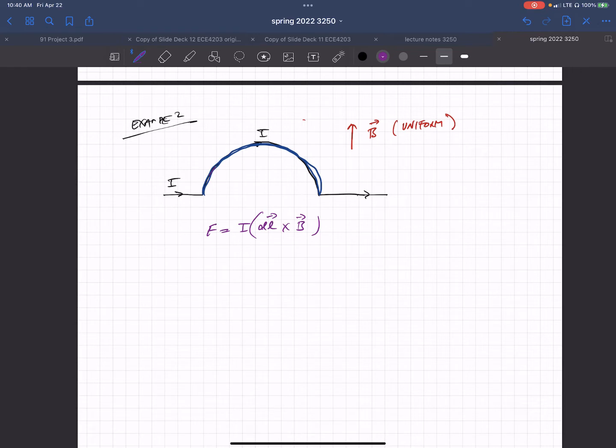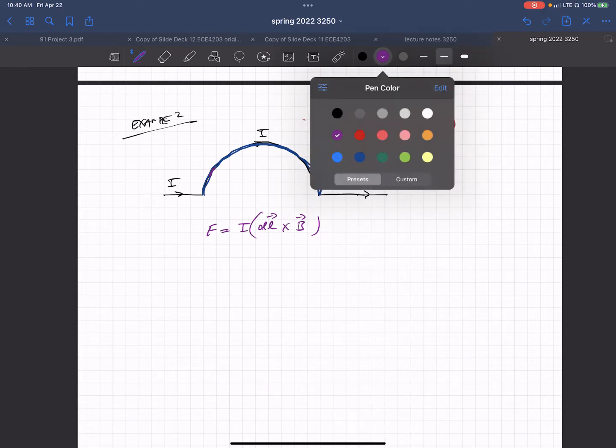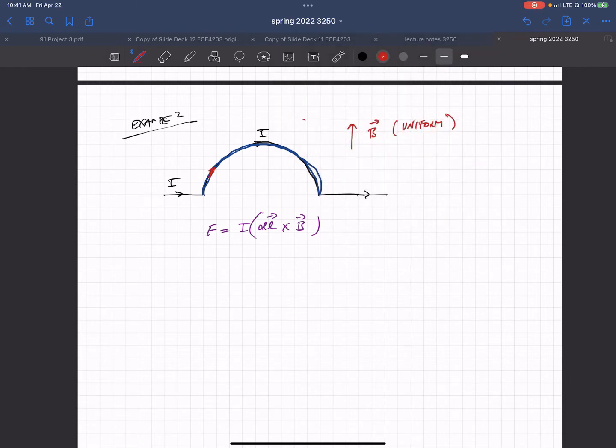So the dl is kind of, oops, that was a bad color choice. Let's try this one. The dl is running in this direction. Each one of these guys will be a different dl moving around. I've got to figure out I, that's the current, then I need to figure out I dl B sine theta.